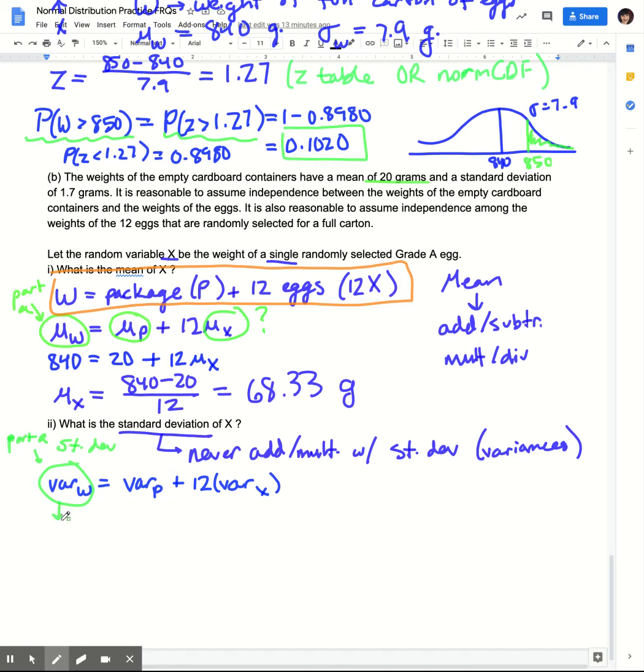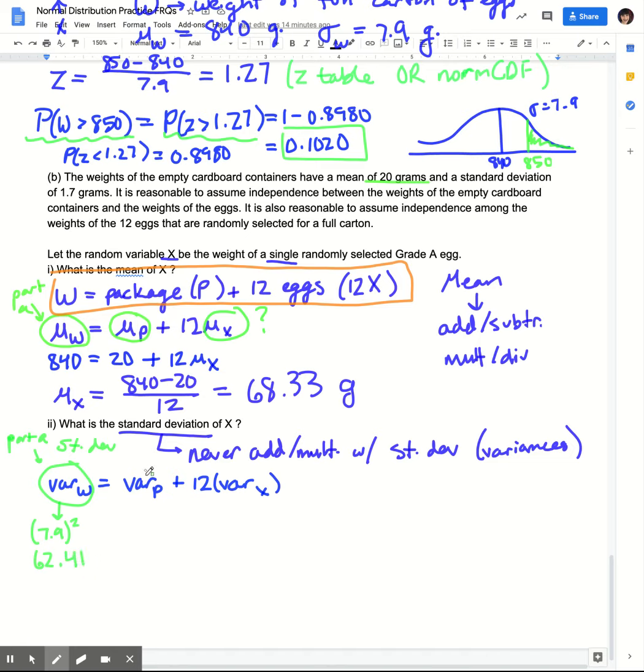So the variance of W is the standard deviation, 7.9 squared, which is, oh, hold on. Okay, so that value is 62.41.